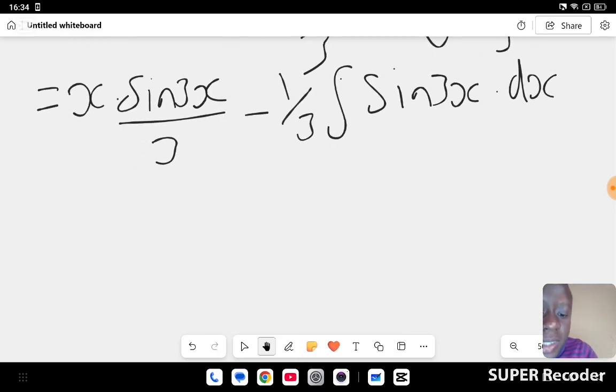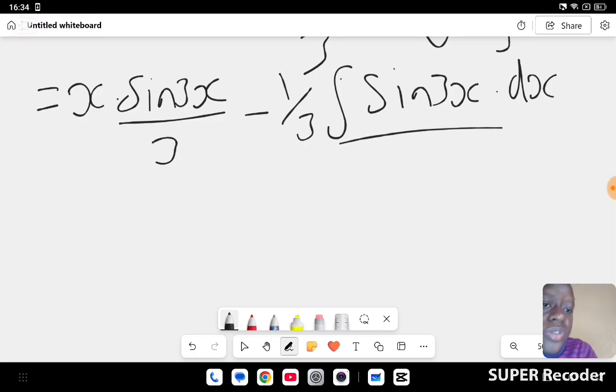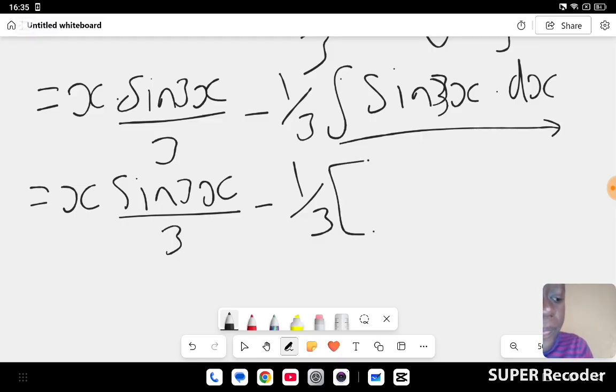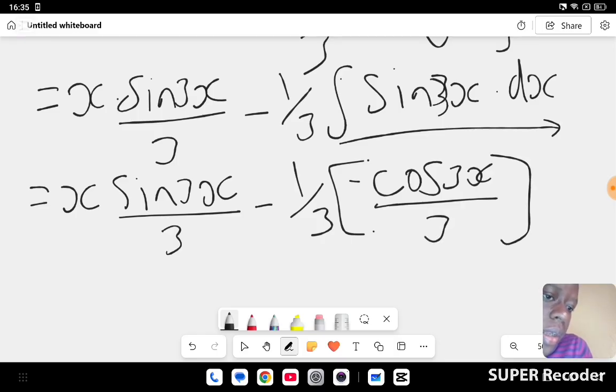And you can see that here we are still continuing, wherein it will be x sine 3x divided by 3 minus 1 over 3 times the integration of sine 3x, which is negative cos 3x divided by 3 plus c.